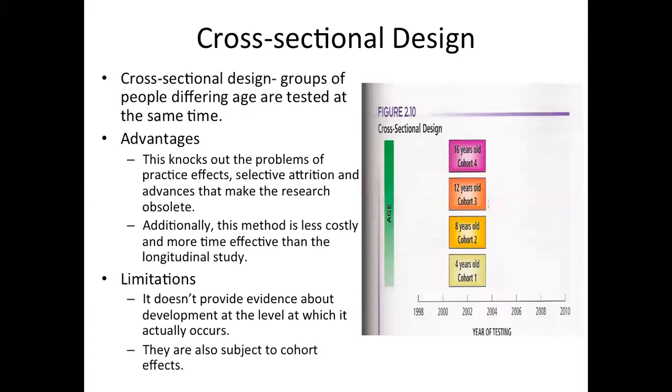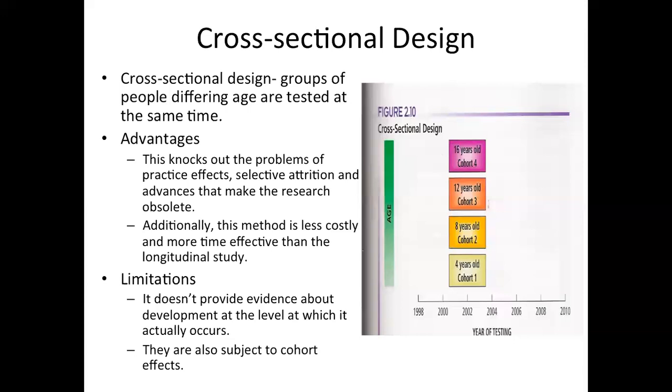Now, one of the challenges is that it doesn't provide the evidence of when development occurred, right? In a longitudinal design, we're tracking before and after. We can see some kind of maturation or some kind of shift in competency. When we do a cross-sectional design, we're just taking you as you are at that singular point in time.